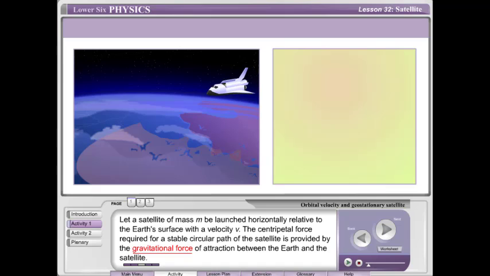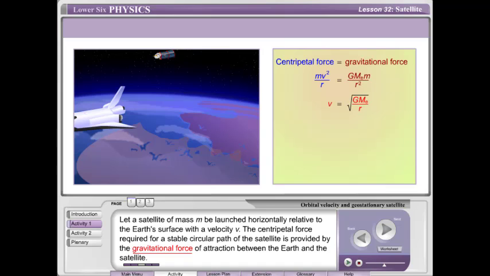Let a satellite of mass m be launched horizontally relative to the Earth's surface with a velocity v. The centripetal force required for a stable circular path of the satellite is provided by the gravitational force of attraction between the Earth and the satellite.